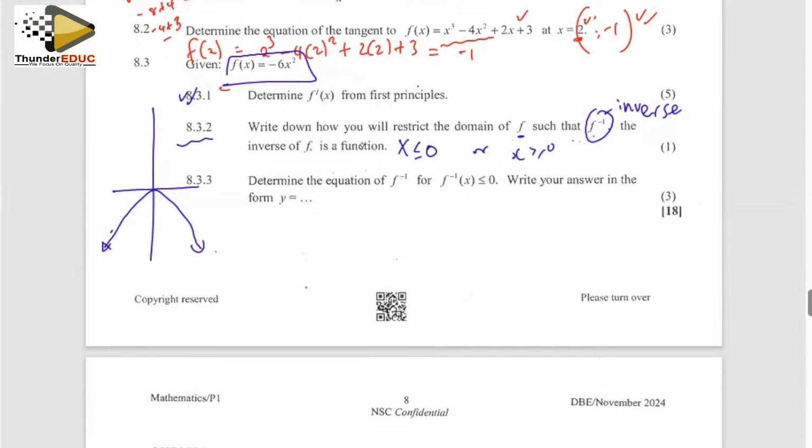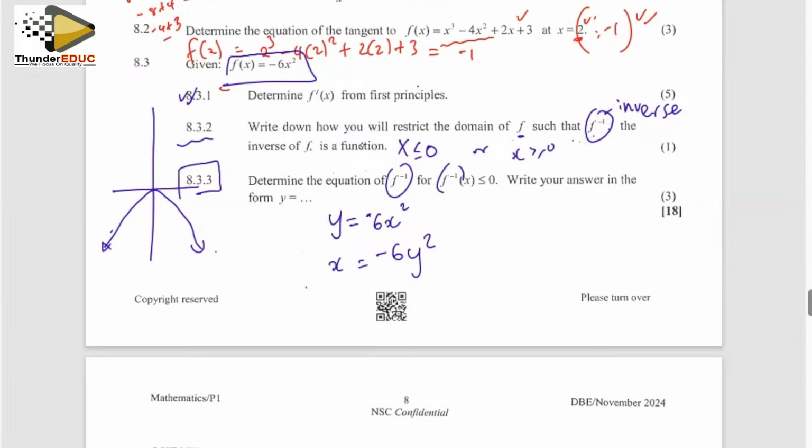All right, then 8.3.3, they're telling us to determine the inverse, for which the domain is x less or equal to 0. We must write the answer in that format. So we know that initially f of x is negative 6x squared. So switch them around. So that's going to be x is equal to negative 6y squared.